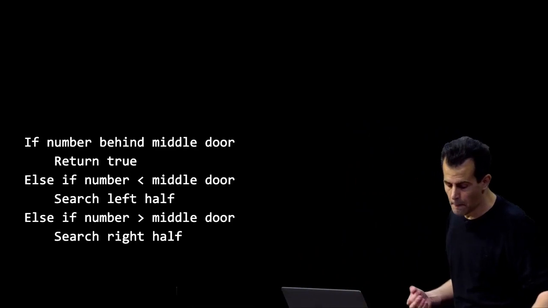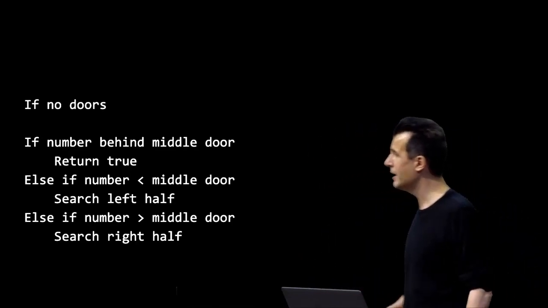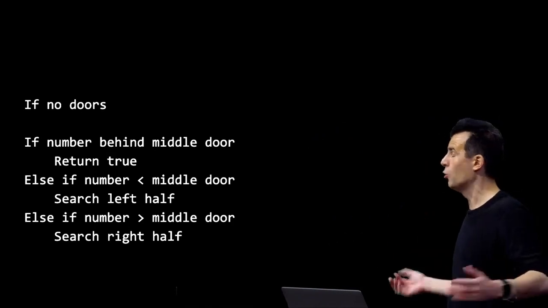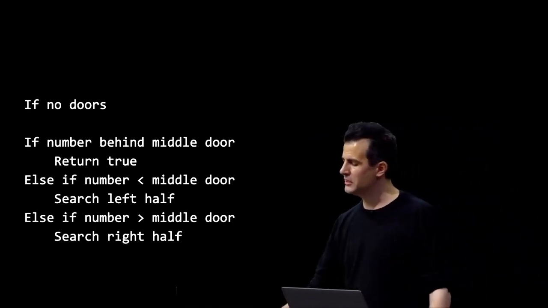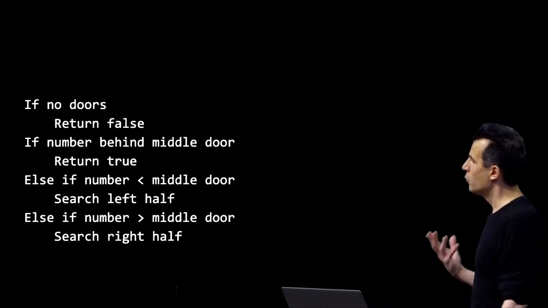But there might still be one final case whereby if there's no doors left at all, or no doors in the first place, I should at least have this one special case where I do say return false. For instance, if 6, for whatever reason, weren't among those doors and I were searching for it, I still need to be able to handle that situation where I can say definitively return false if I'm left with no further doors to search. So here then might be the pseudocode for this algorithm a bit more formally.